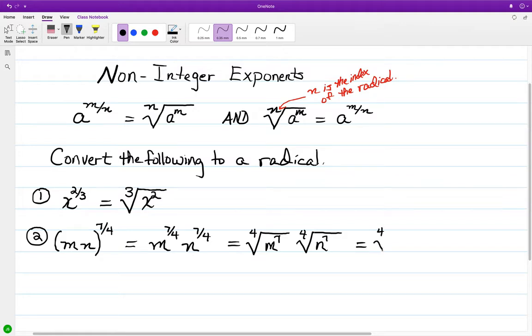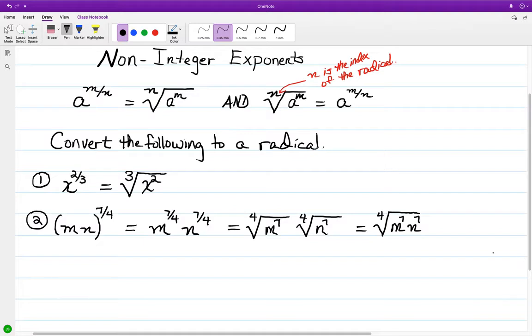So in the product, we have the 4th root of m to the 7th times n to the 7th. Technically this radical can be reduced, but just in conversion terms, using this property, we'll leave it as the 4th root of m to the 7th times n to the 7th.